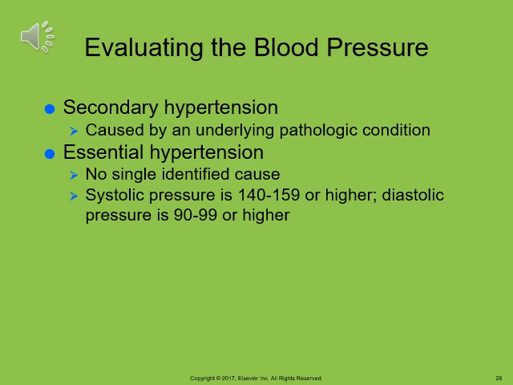Essential hypertension has no single identified cause, but is associated with obesity, a high blood level of sodium, elevated cholesterol levels, and family history. Primary hypertension is diagnosed if the patient's blood pressure is persistently higher than 119/79 at 2 or more office visits over several weeks or a month.